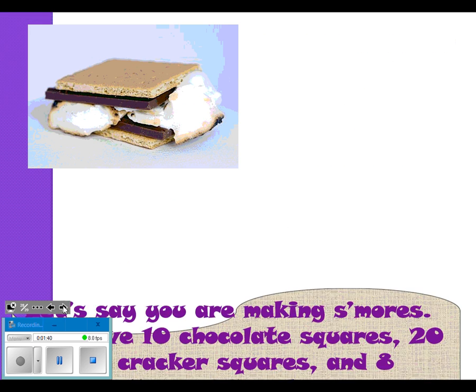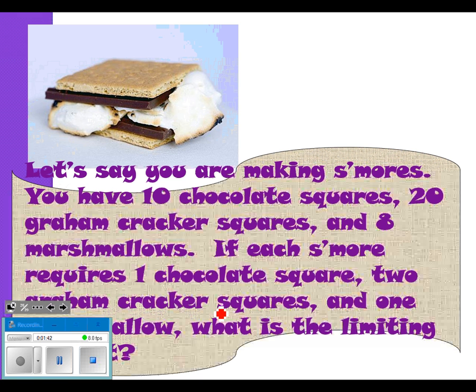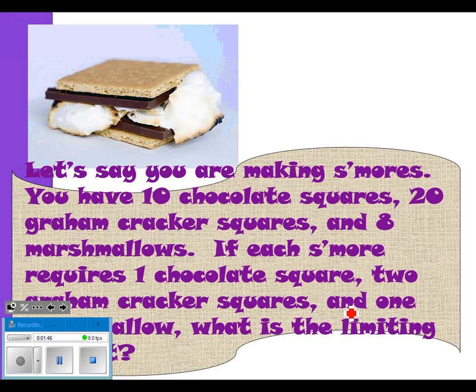I have an example here about s'mores. If we have 10 chocolate squares, 20 graham crackers, and 8 marshmallows, and every s'more requires 1 chocolate square, 2 graham crackers, and 1 marshmallow, what's the limiting reagent? You have to think about what you're going to run out of first.